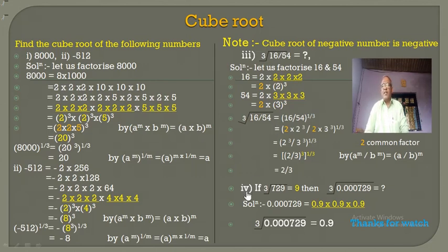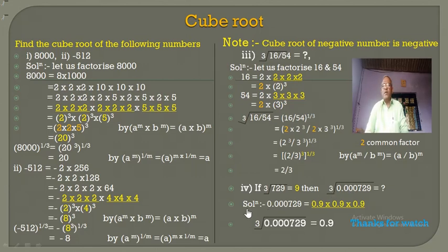Next, last example here, fourth example. If the third root of 729 is 9, then find out the third root of 0.000729.